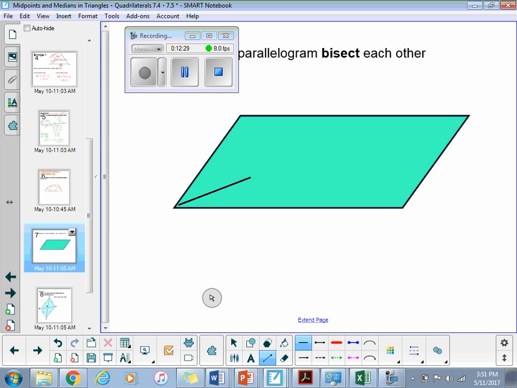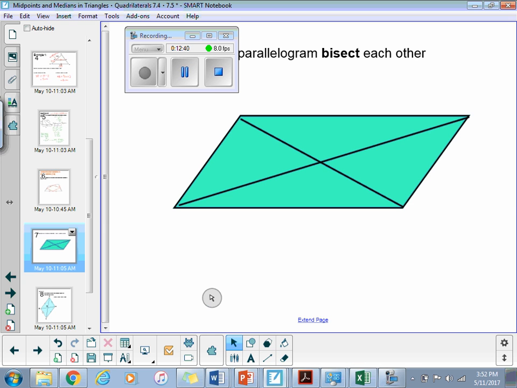So if I were to take this diagonal, and I were to take this diagonal, okay, they would bisect. What does that mean again? Cut in half, which would mean that this is equal to this, and this is equal to this. Okay?